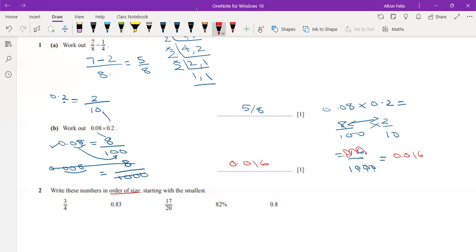You can write all the numbers as decimal numbers, or you can write all the numbers as percentages. So let's look at those 3 approaches, and you will choose whichever one you are most comfortable with.